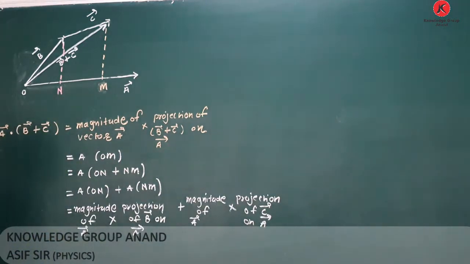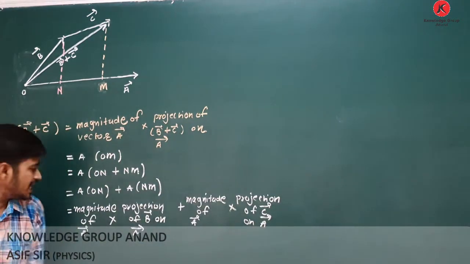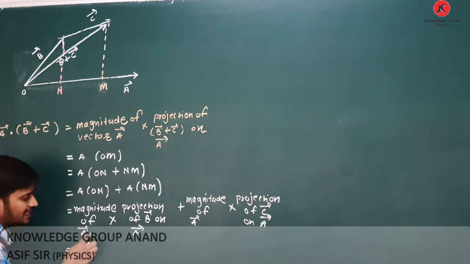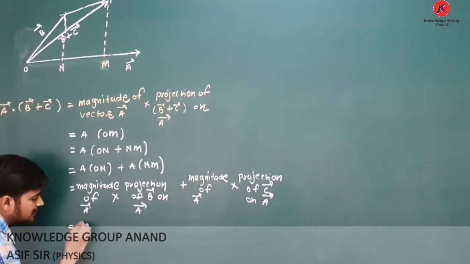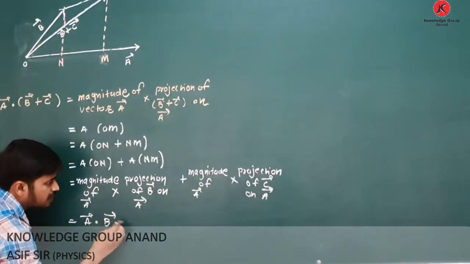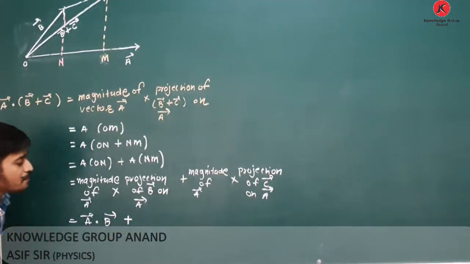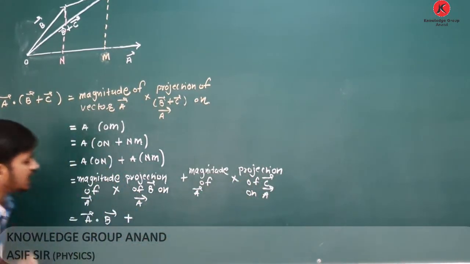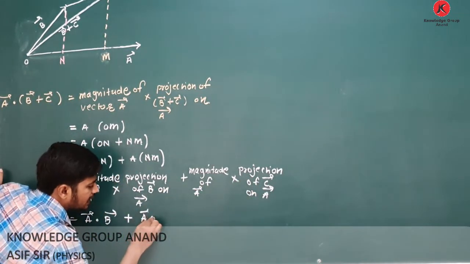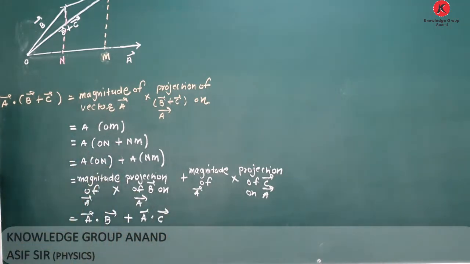Now, we have discussed the definition. Magnitude of vector A into the projection of B on A is A dot B. Here it is a plus sign. Magnitude of A into the projection of C on A is A dot C. Clear about this?